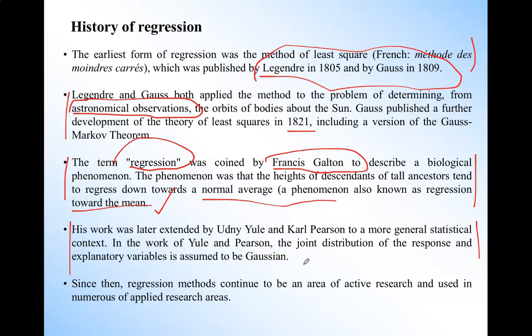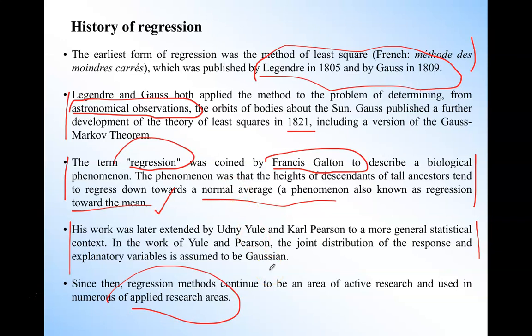Since then, it has been used in a lot of research, including ours in economics and finance, especially, and it's applied to a lot of other fields. It was first adopted in astronomical observation, then the biological phenomenon, and also adopted in all the other research fields today.